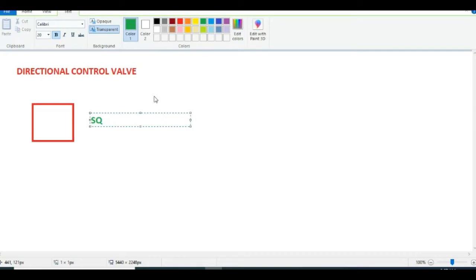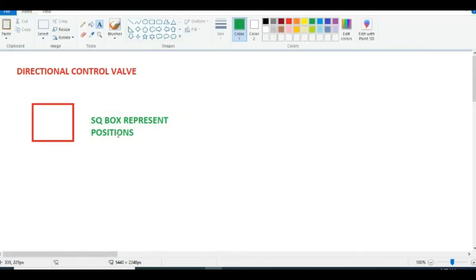This square box represents positions. What does the square box represent? Positions. How many positions are available in the direction control valve? And the arrows: here you are going to show some arrows.